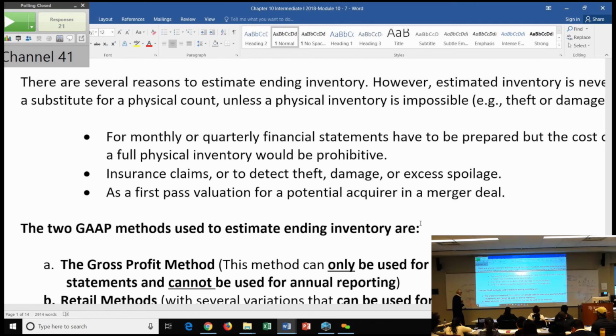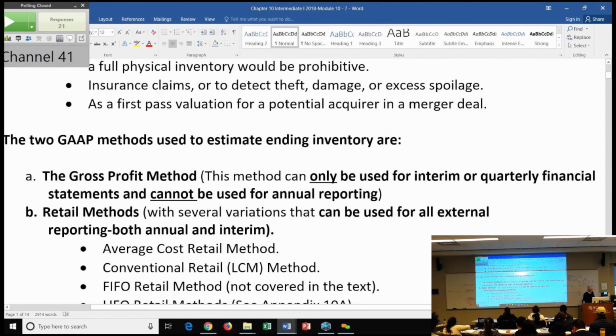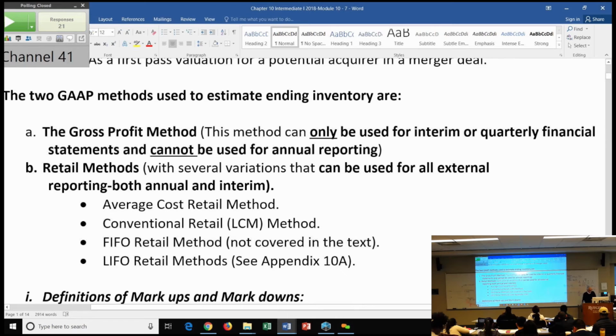Now, two methods that we're going to be looking at. Number one, gross profit. And this can only be used for internal or quarterly statements, cannot be used for annual reporting. And then we're going to look at retail methods. And we're going to look at 4 different retail methods. And these retail methods actually will simulate average cost.